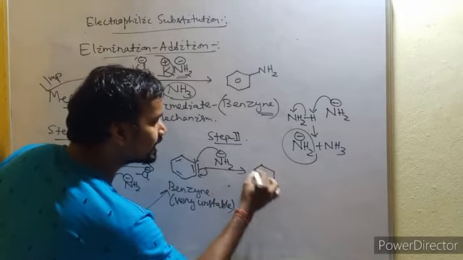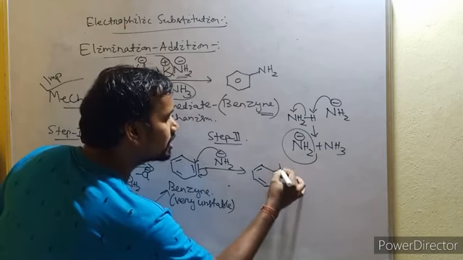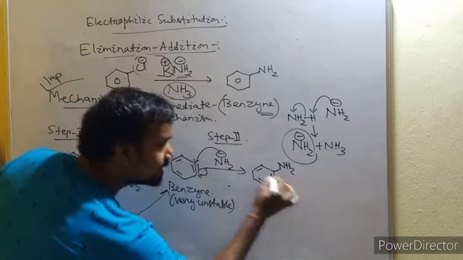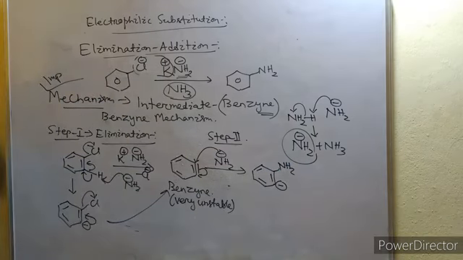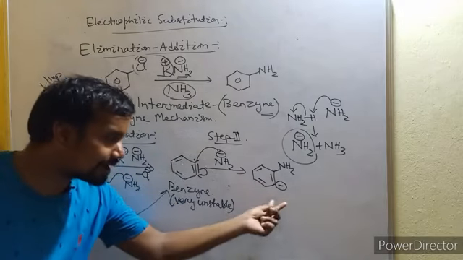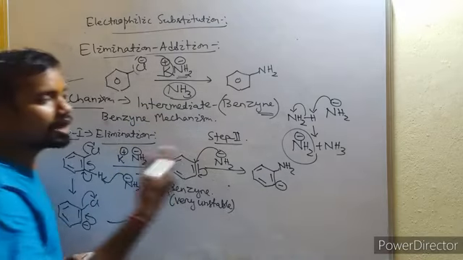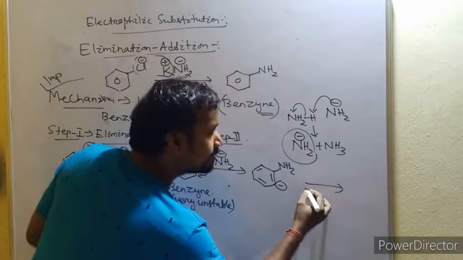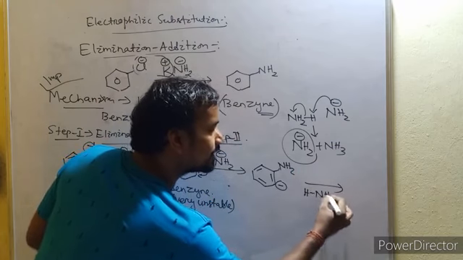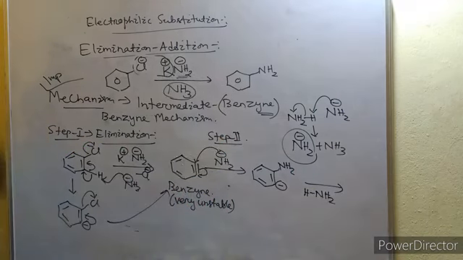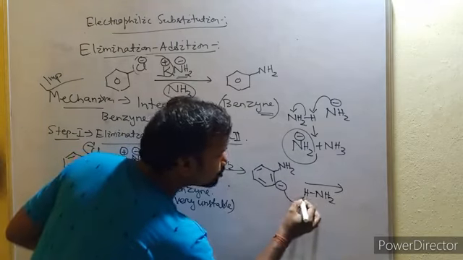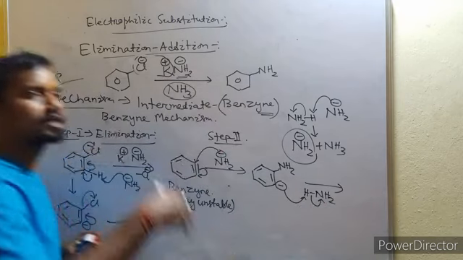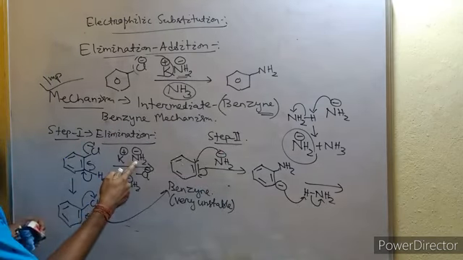So what are you getting? Double bond, here is NH2, here is a double bond, and you are getting a minus sign at the beginning of the second step. What will happen in the next step? Now you have NH3 as solvent, so you write this NH3 as HNH2, so that this minus will take up a proton H plus, and this will form another NH2 minus for this reaction.